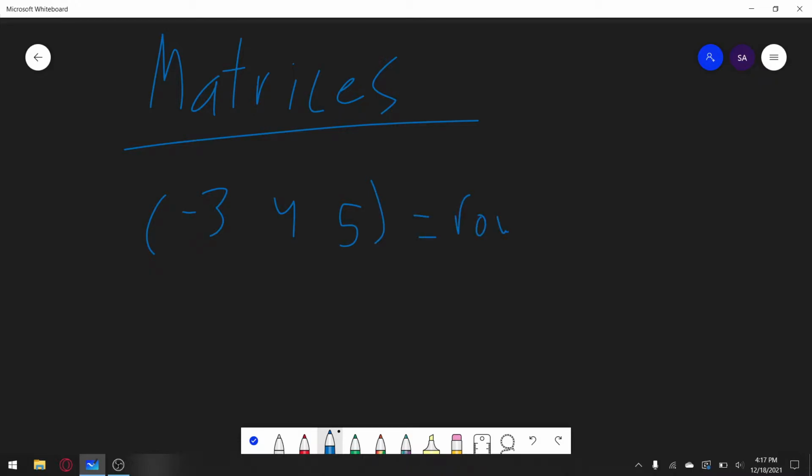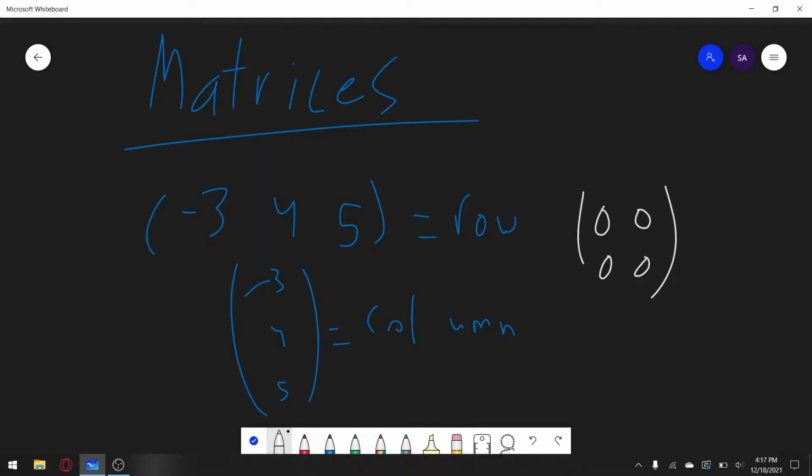If you have something like minus 3, 4, and 5 arranged vertically, this is known as a column matrix. And if you have a matrix which is just 0, 0, 0, 0, that is known as a null matrix.